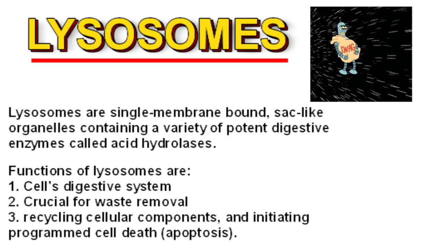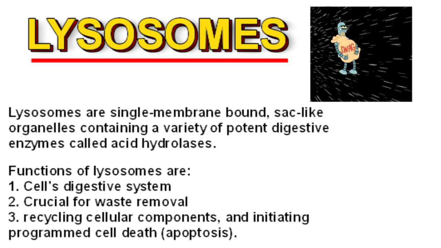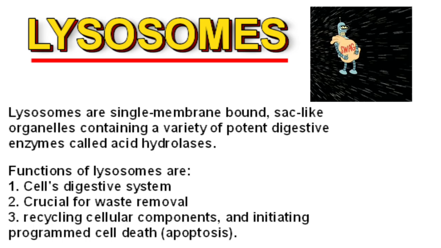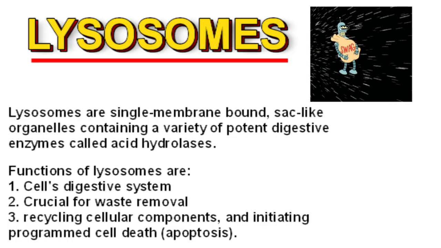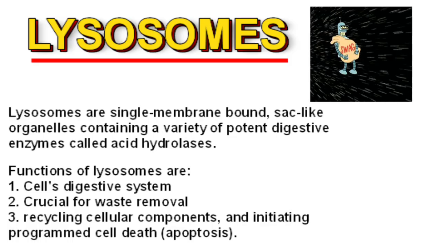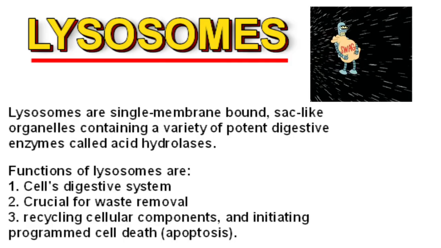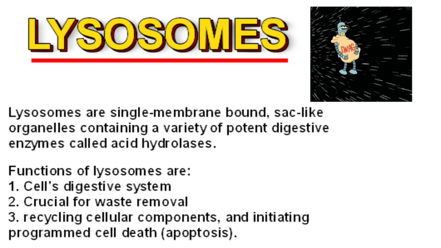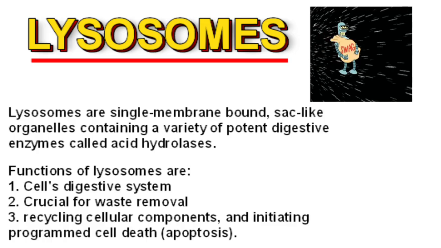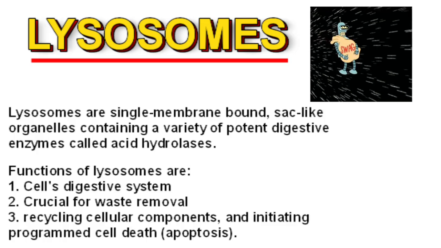It takes up the toxic substance, engulfs it, and moves out of the cell and bursts. The functions of lysosomes are the cell's digestive system, the crucial way of waste removal inside the cell, recycling cellular components and initiating the apoptosis process, that is the programmed cell death.